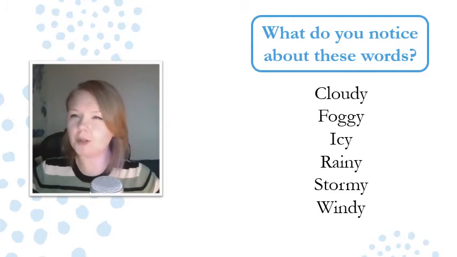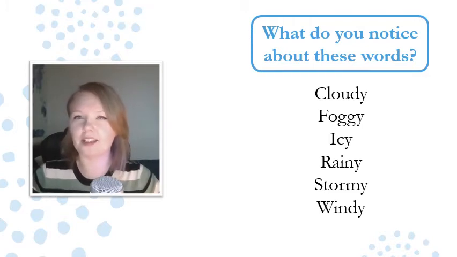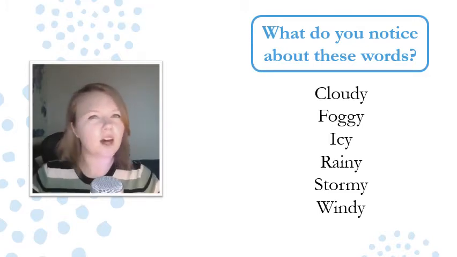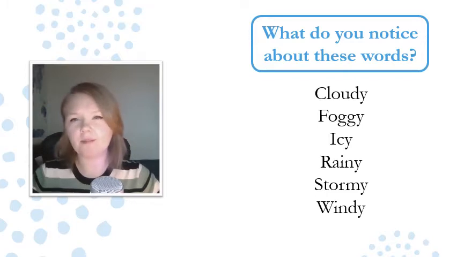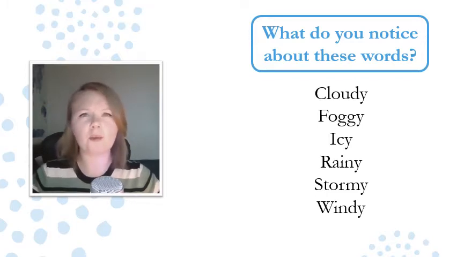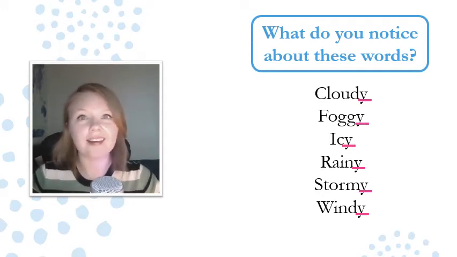What do you notice about these words? Cloudy, foggy, icy, rainy, stormy, and windy. What is the same in all 6 of these words? All of them end in Y.